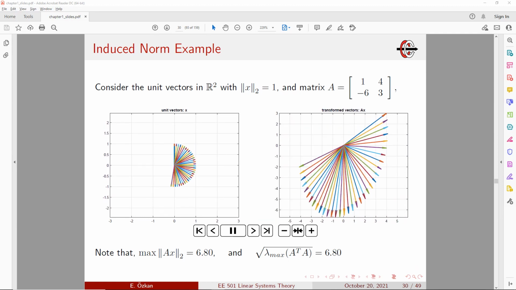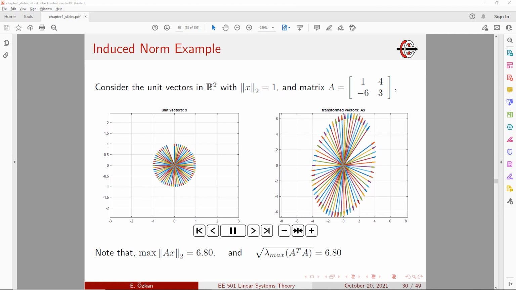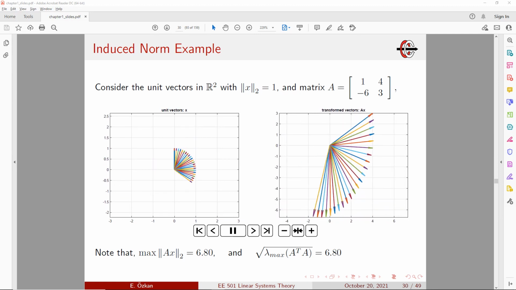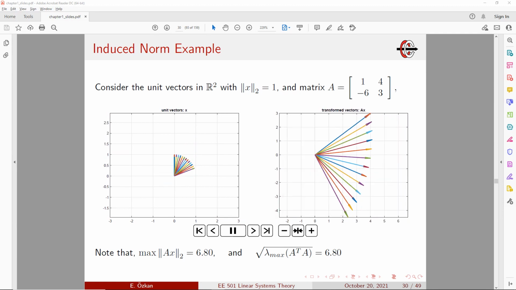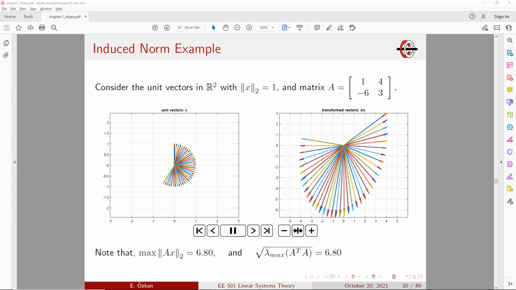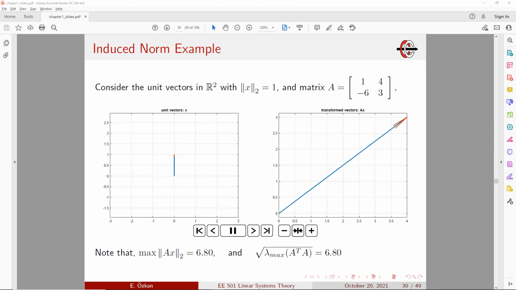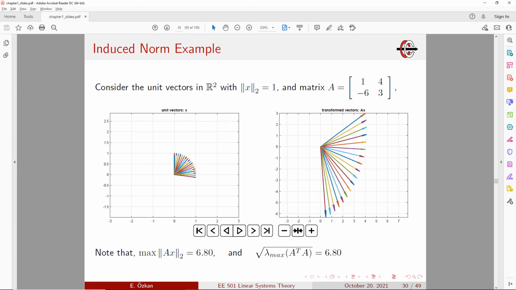Of course, this is done continuously, so I'm just showing it on that grid, but this is done for all possible x's. So that's the definition of induced norm. Let me pause this, or you're going to be hypnotized. I can define the unit sphere by using the L2 definition, the Euclidean norm definition.